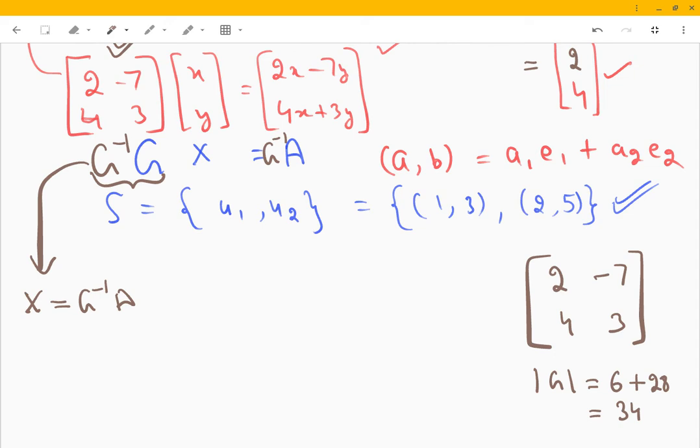And now the adjoint. So in place of 2, I hope you already know this, then negative 7, negative 4, and then transpose: negative 4, this will be 7 and this will be 2. And we divide this by 34. So this is supposed to be G inverse.